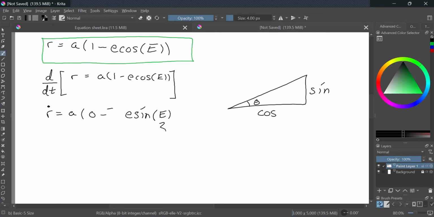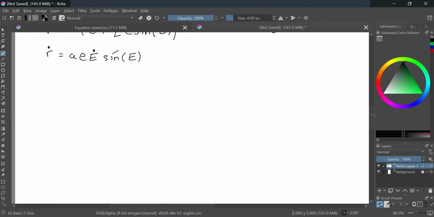The E, the eccentric anomaly angle, will change with time, so we can have that be E dot. The negatives will cancel out, and when you write it a little neater, you'll have E dot sine of the eccentric anomaly angle. All right. As it happens, this R, we are looking at the scalar R dot, not the vector R dot.